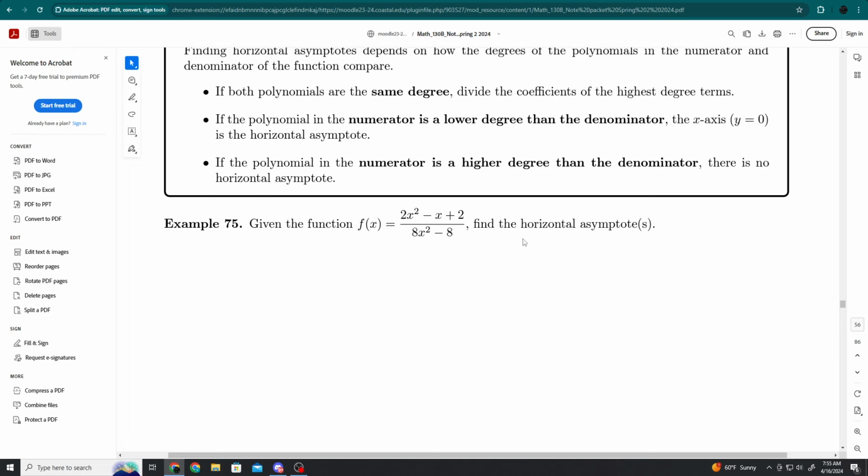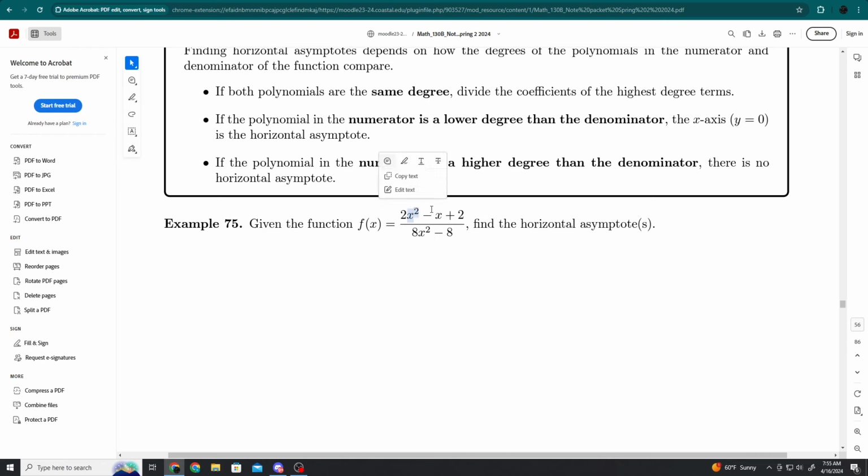So let's give a couple a shot here. Notice factoring is not required. We just have to look at the largest exponent. Let's look at example 75. For the numerator, we have 2x squared minus x plus 2.